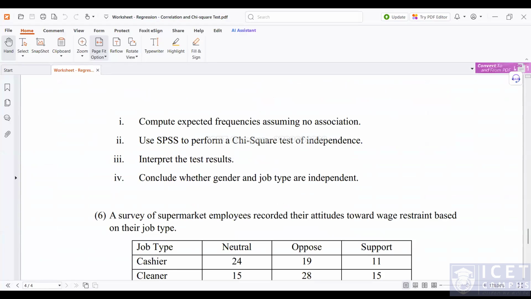Compute the expected frequency, assuming no association. Use SPSS to perform the chi-square test of independence. Interpret the test results. Conclude whether gender and job type are independent. Then we'll go for the chi-square test.